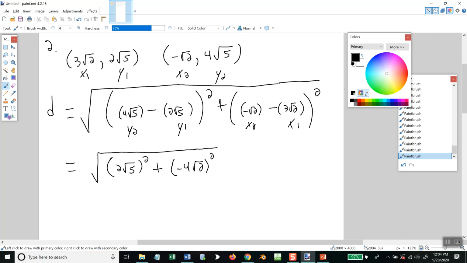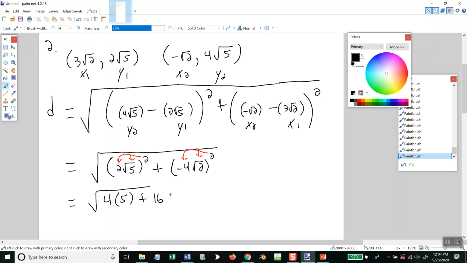Now, if everything inside your parentheses is multiplication and you raise it to a power, you can take everything separately to that power. So take 2 to the second power and square root of 5 to the second power. Take negative 4 to the second power and the square root of 2 to the second power. Two squared is 4. And when I square a square root, they cancel, so that gives me 5.